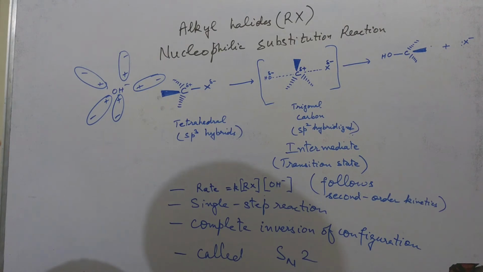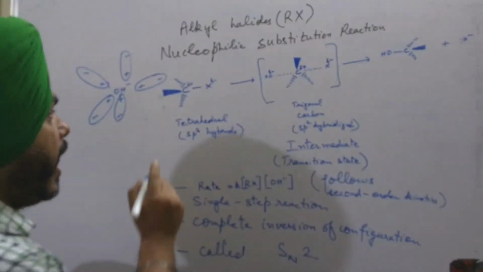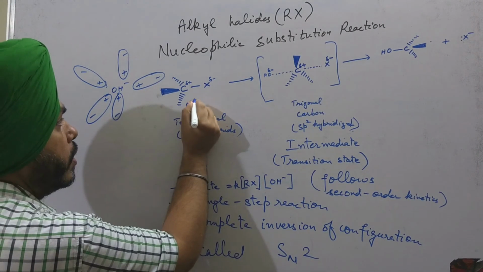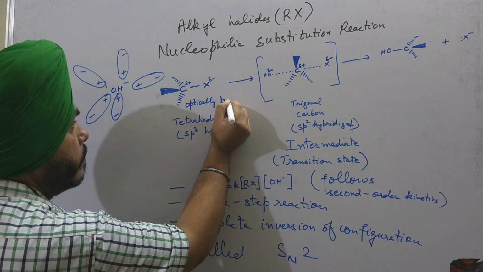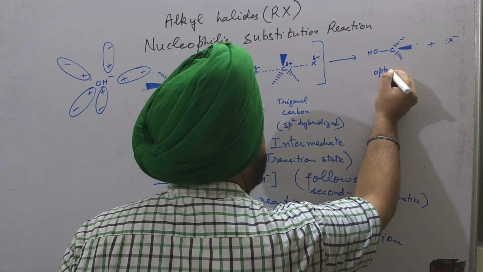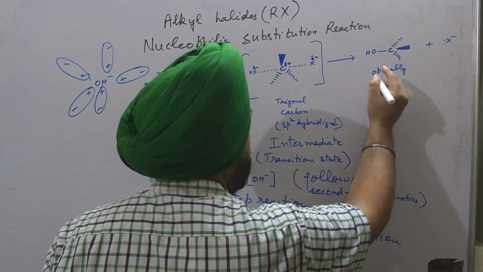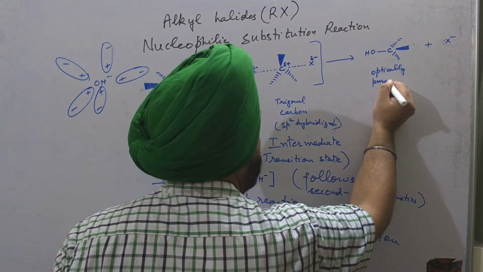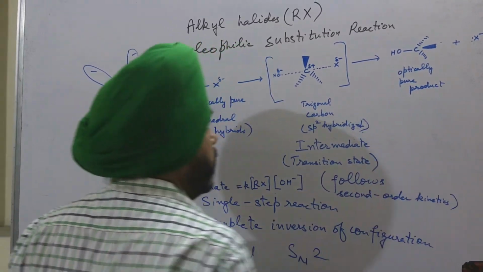Secondly, there is complete inversion of configuration. It means if we have an optically pure substrate, then we get an optically pure but oppositely configured product.